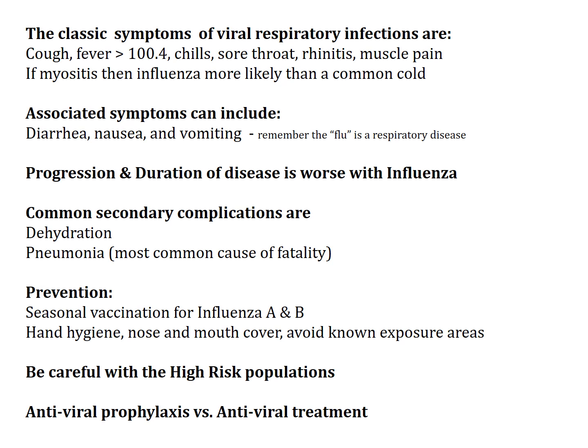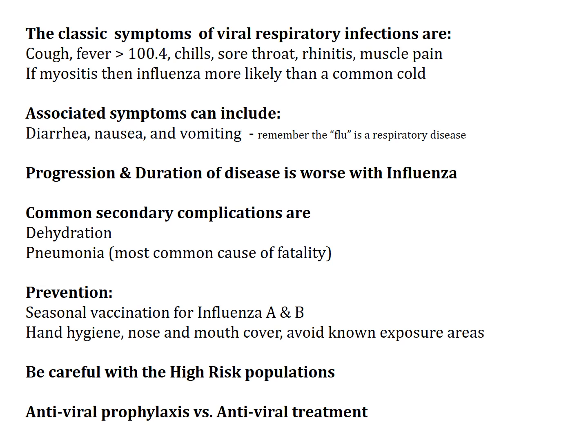Complications of these respiratory infections, particularly influenza: dehydration and pneumonia. Most people who die from influenza die due to secondary bacterial pneumonia. Common sense prevention: hand hygiene, covering nose and mouth when coughing and sneezing, staying away from exposure areas, not going out when you're sick and exposing everyone else.